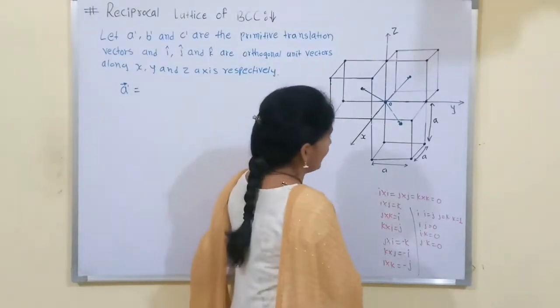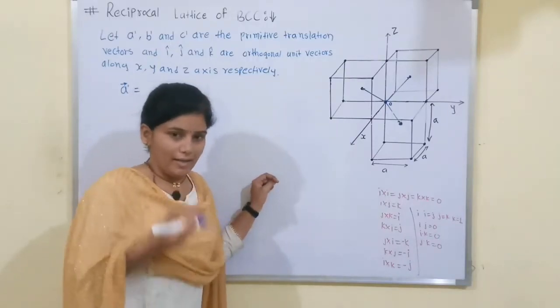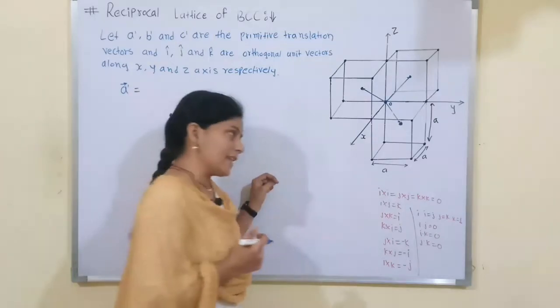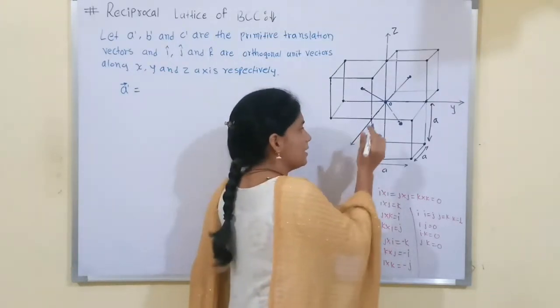Let us see in this diagram. We know that the primitive translation vector A is always along the x-axis. Here we have the x-axis.